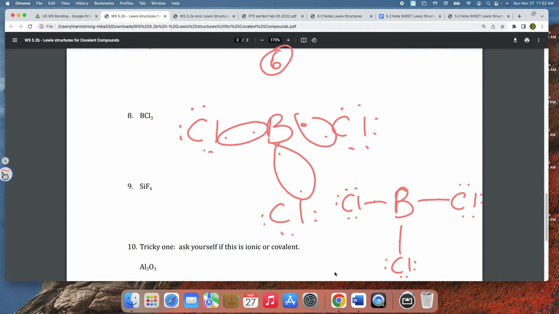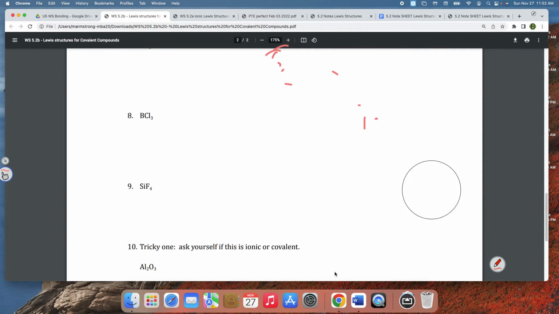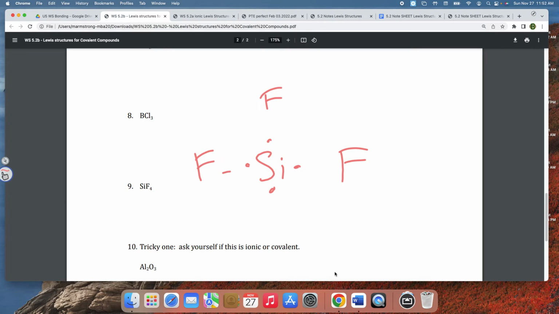Aha, SiF4. In the middle of that one is Si. Si has 4 valence electrons. It's near carbon. It's underneath carbon. We'll orient the Fs in north, south, east, and west. Each F has 7 valence electrons. Share, share, share, share.